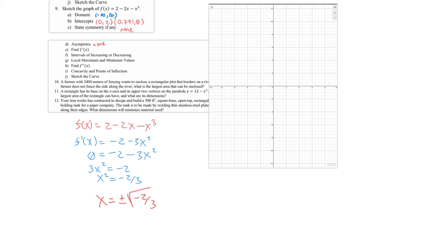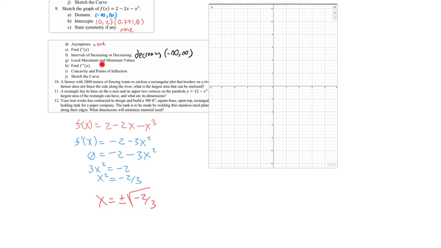So when I plug in 0, why not? When I plug in 0 to the derivative, not the original function, we can see that it results in a negative number. So this graph is decreasing from negative infinity to positive infinity.